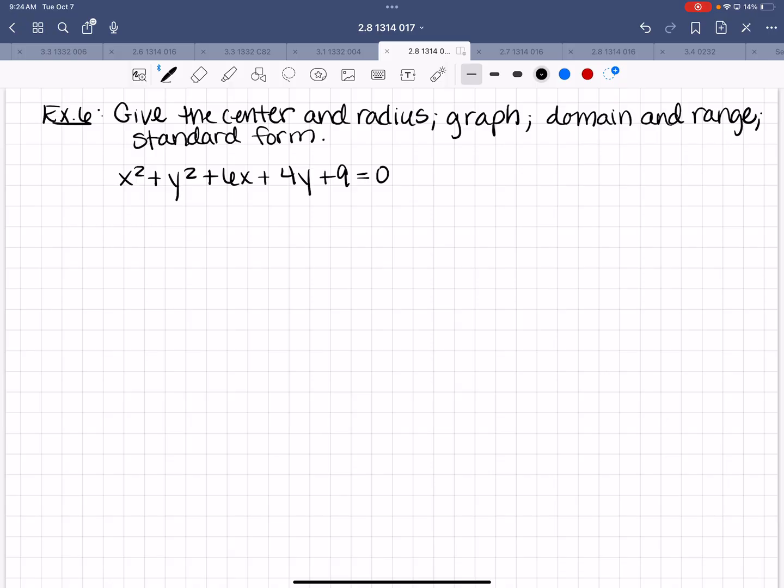First thing you're going to do is put the x's together, side by side, and the y's side by side.